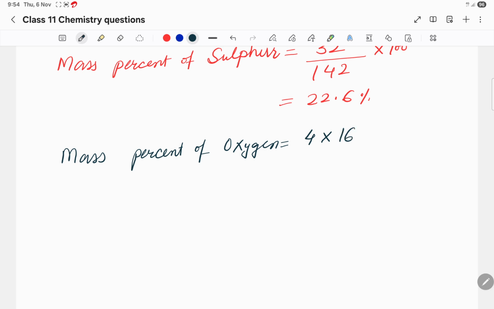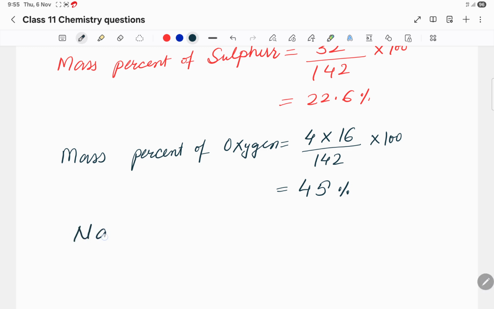So molar mass of oxygen, that is 16 gram, divided by molar mass of the whole compound, that is 142 grams, and multiplied by 100. So if we calculate it, it comes out to be equal to around 45%.